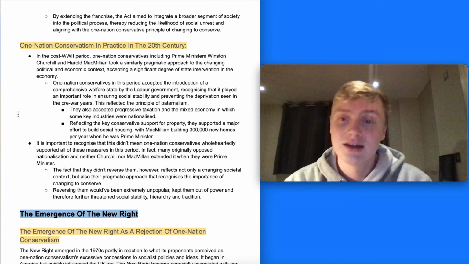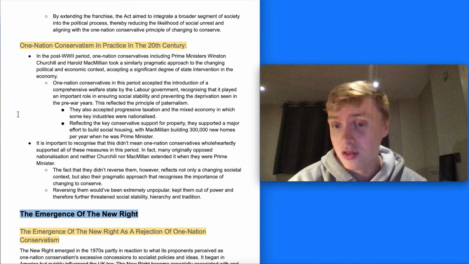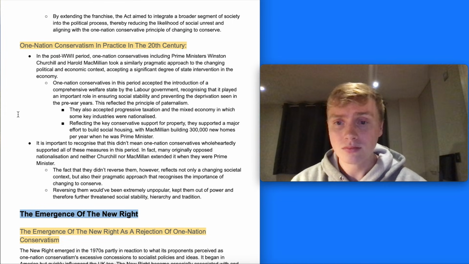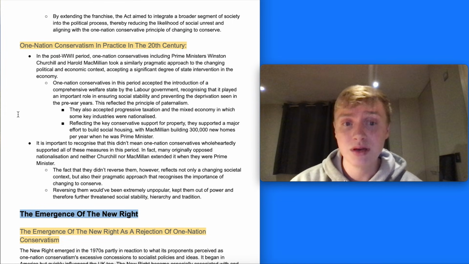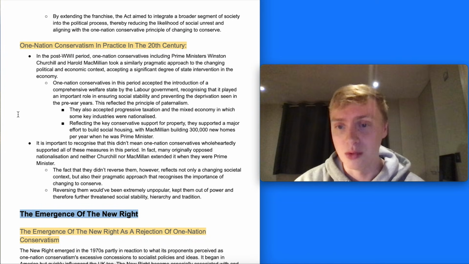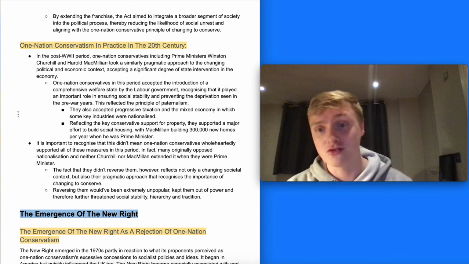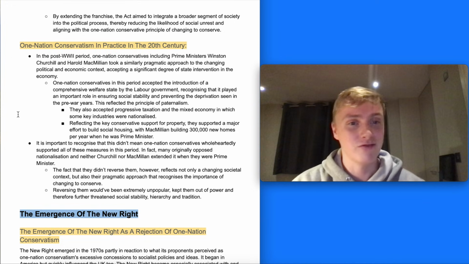They accepted these changes. They certainly didn't massively support them or seek to introduce them themselves. But they recognised that once they'd been introduced, it was very, very difficult to remove them without threatening hierarchy and threatening greater support for socialism and therefore greater reforms.